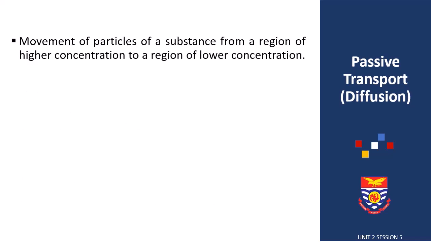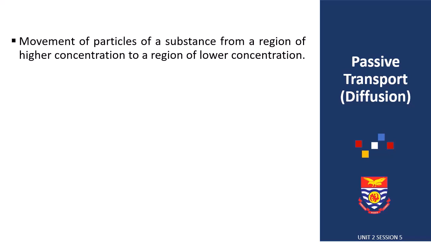The first example of passive transport we'll be looking at is diffusion. And diffusion is the movement of particles of a substance from a highly concentrated region to a region of lower concentration. And it will occur until the particles are evenly distributed.